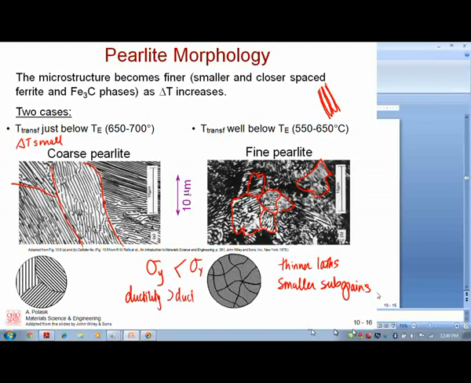Because why is fine pearlite stronger? We've increased its strength. How did we do that? Okay, by the grains. But the basic idea of strengthening was, what are we doing to increase the strength of a material? Blocking dislocation motion.